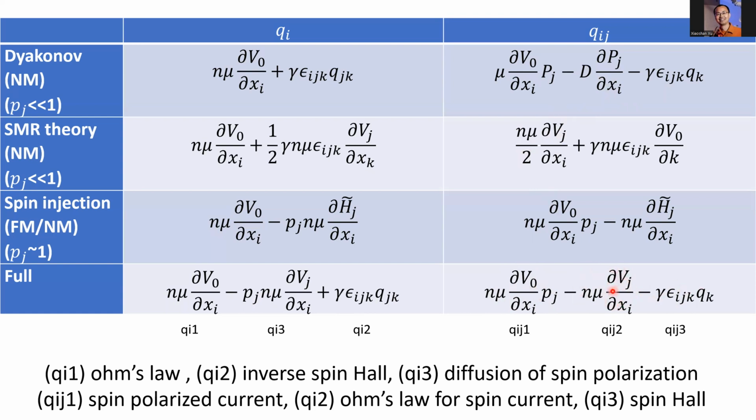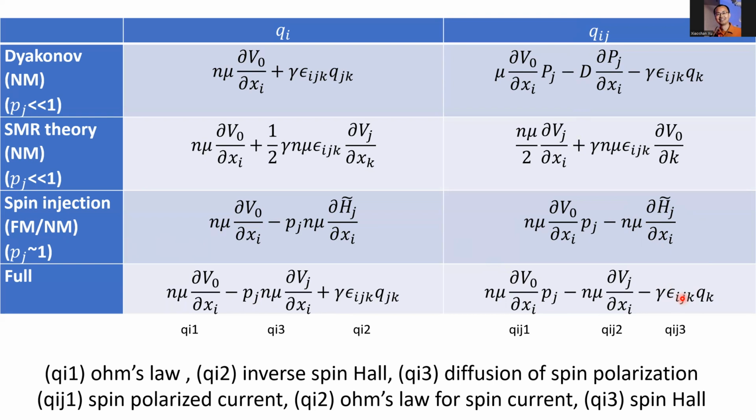In the spin Hall magnetoresistance theory, the first and second terms are kept, but in the spin injection case, the spin polarized charge current is quite significant, so the spin Hall effect can be ignored.